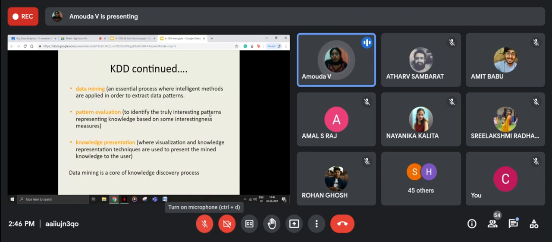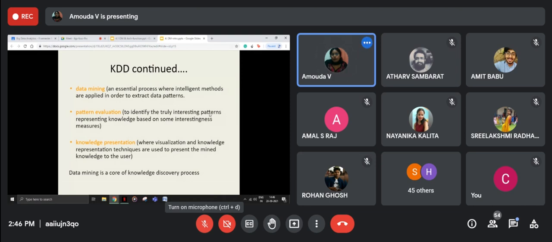Data mining is not only one task, it has got different types of tasks. For the different type of task, what you want from the data is selected, and the algorithm or the intelligent methods are applied. In other words, it is the essential process where intelligent methods are applied in order to extract data patterns, knowledge or hidden information.